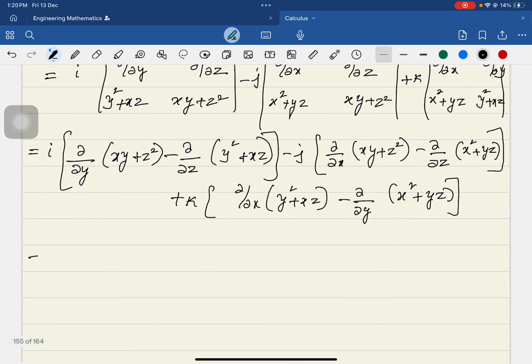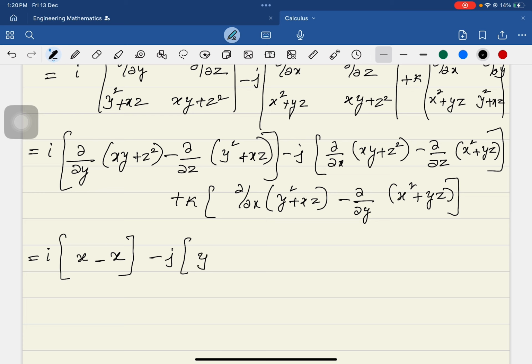Now what is it? It is i times of derivative of xy is x, and the derivative of y square plus xz with respect to z is again x, minus j, dou by dou x of xy is y, and z square is 0.